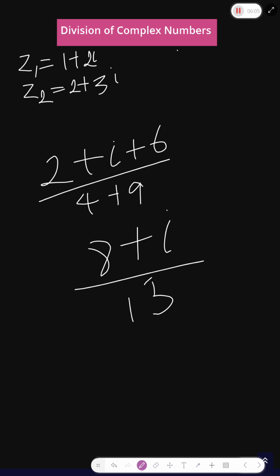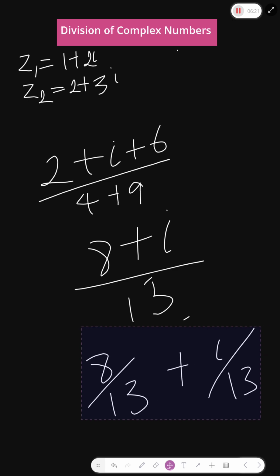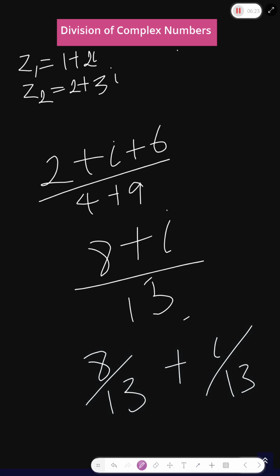You can decide to write it as 8 over 13 plus i over 13. This is z1 over z2, it's equal to this.